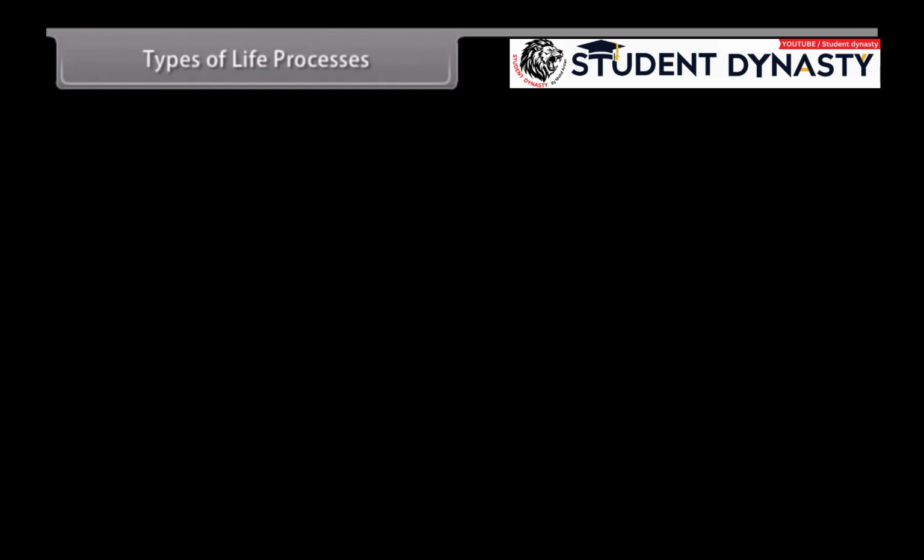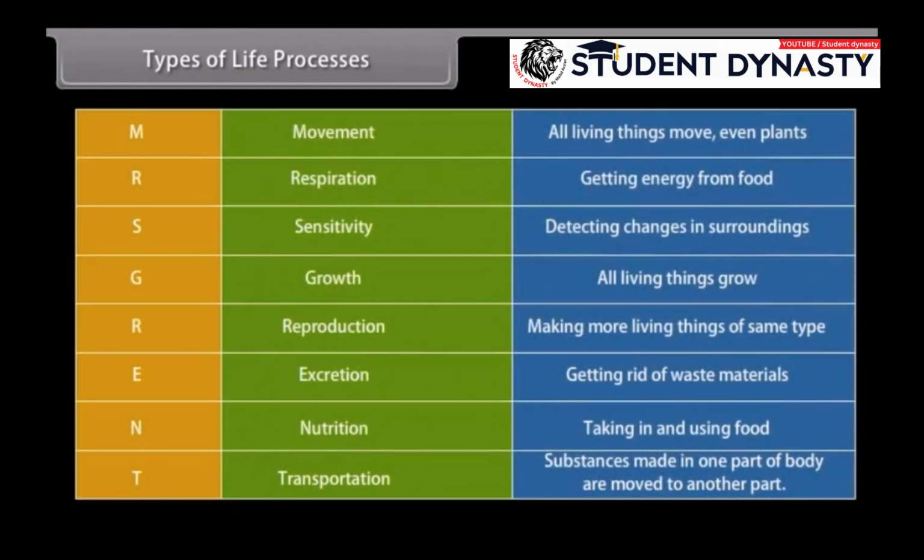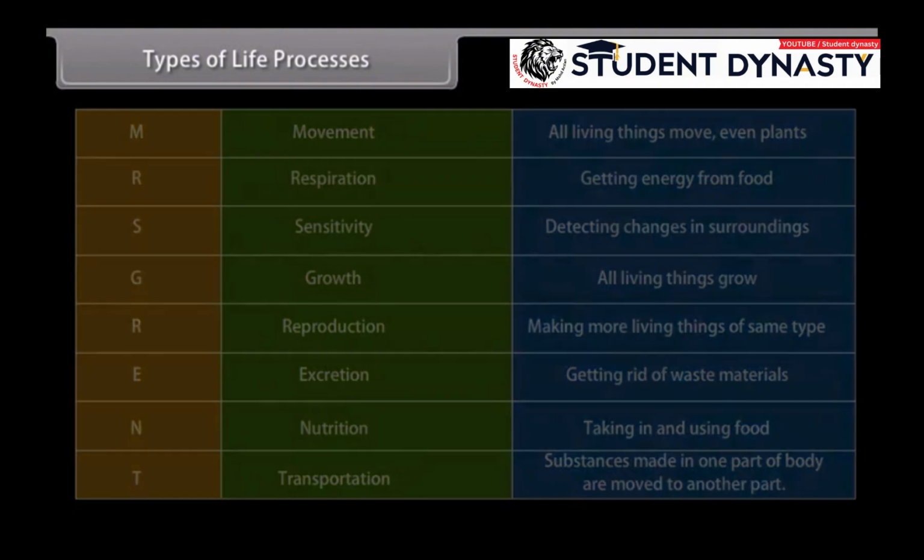Types of life processes. There are following basic life processes: movement, respiration, sensitivity, growth, reproduction, excretion, nutrition, transportation.